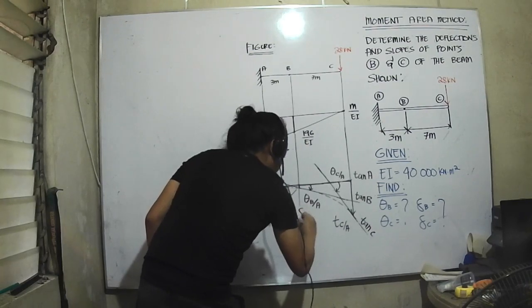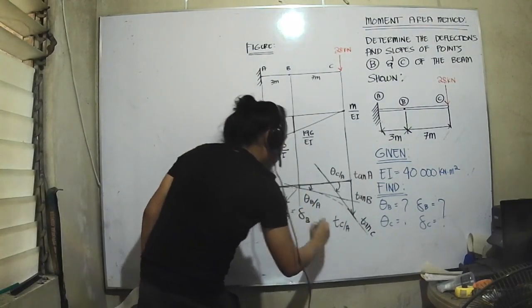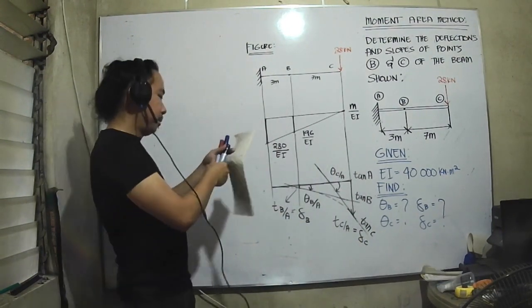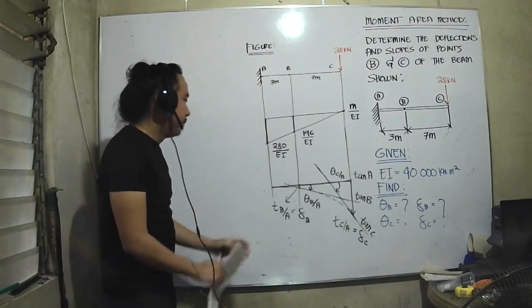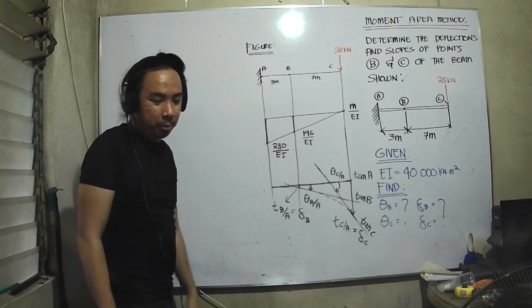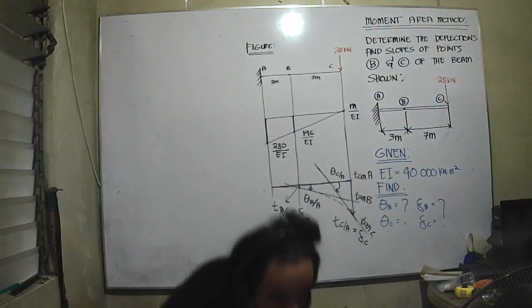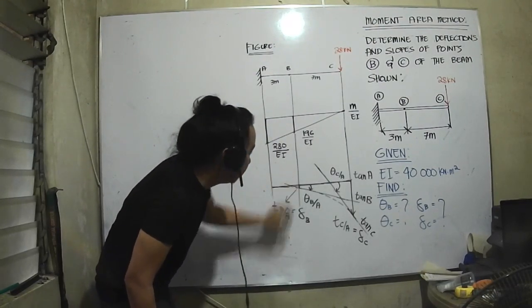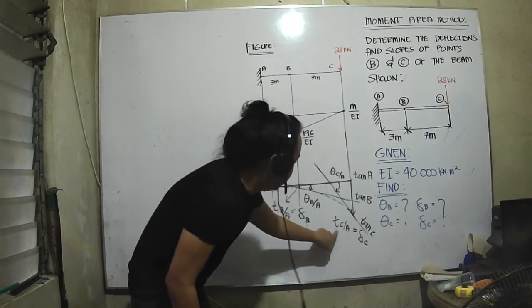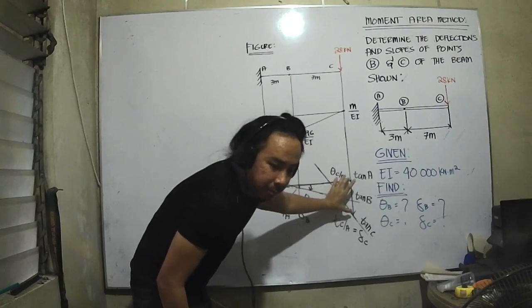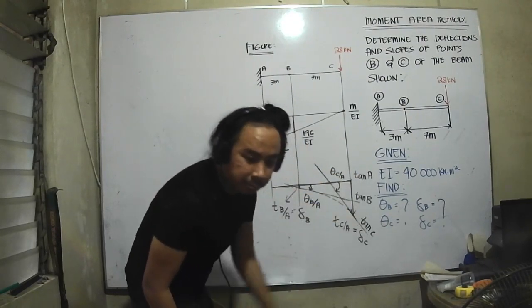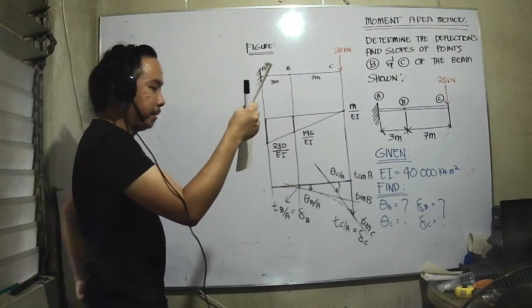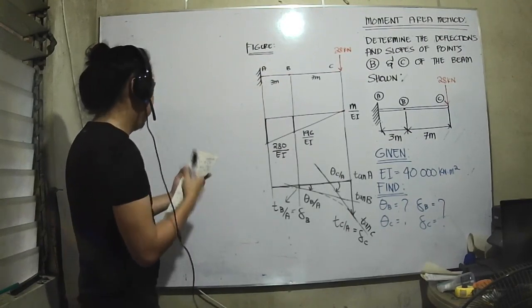This is B and this is C. I hope you can absorb my drawings, okay? This small vertical distance is delta C, okay? Let's try solving this problem.